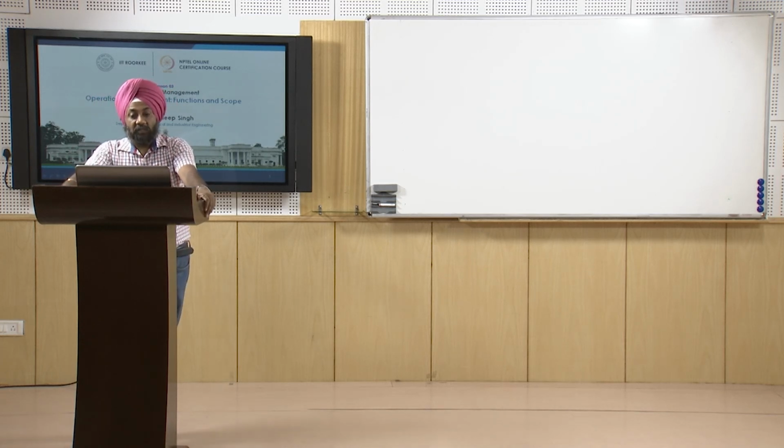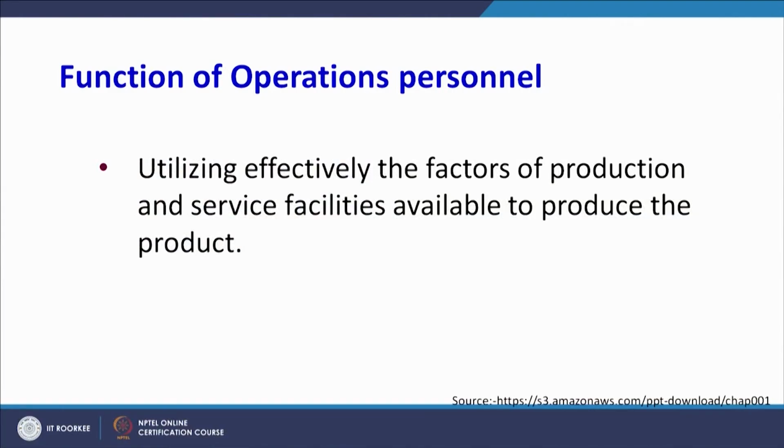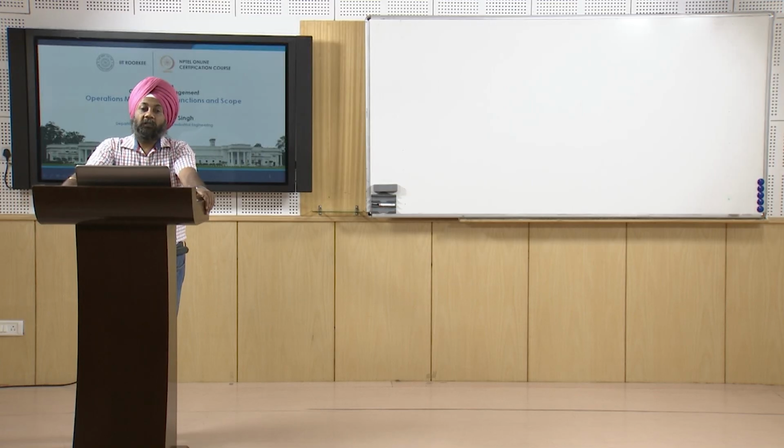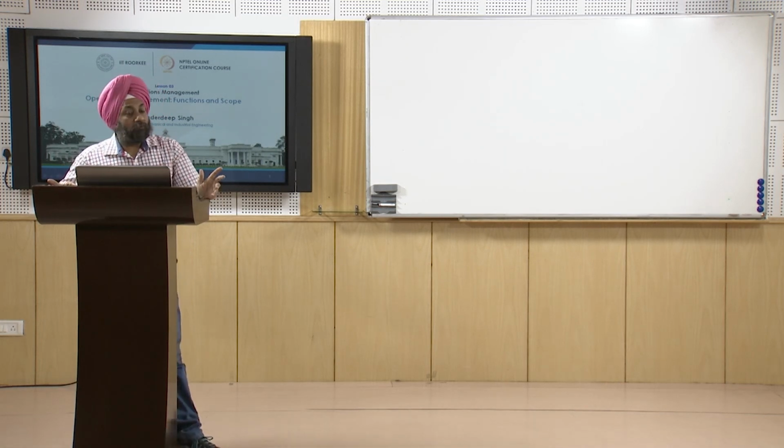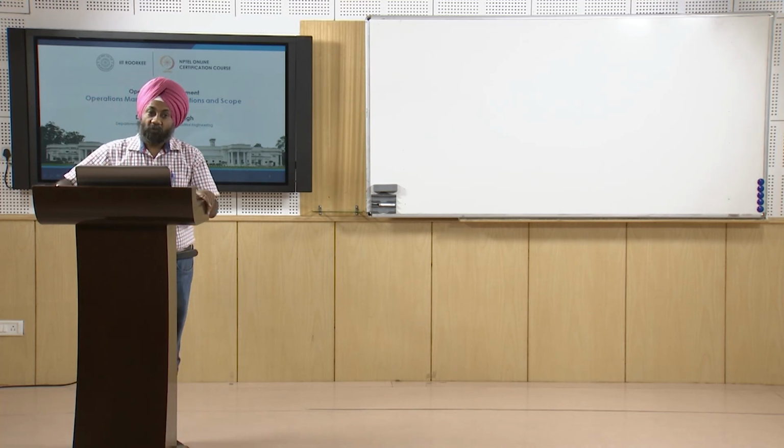Now, utilizing effectively the factors of production and service facilities available to produce the product. Here you can see in any manufacturing facility, you will have different types of infrastructural facilities available. You may have different types of machines available. Let us take two examples.